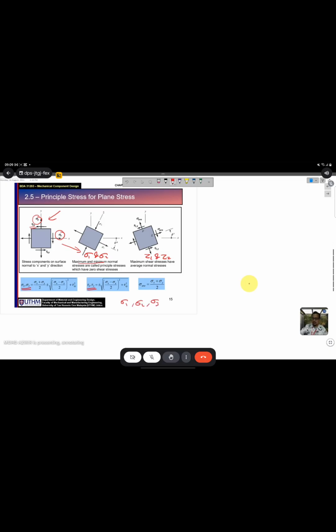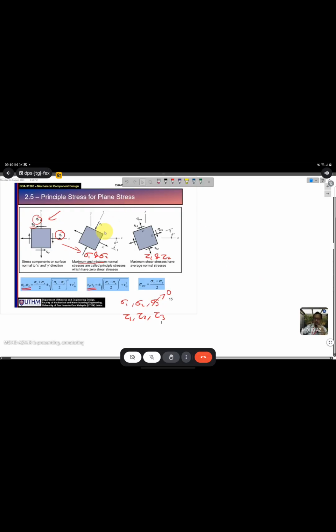But sigma 3 is actually normal to your monitor here. Let's say this one is y, x. The sigma 3 will be in the z direction. So sigma 3 is always 0. And then in the second condition, where the shear becomes maximum, you need to calculate tau 1, tau 2, and also tau 3.